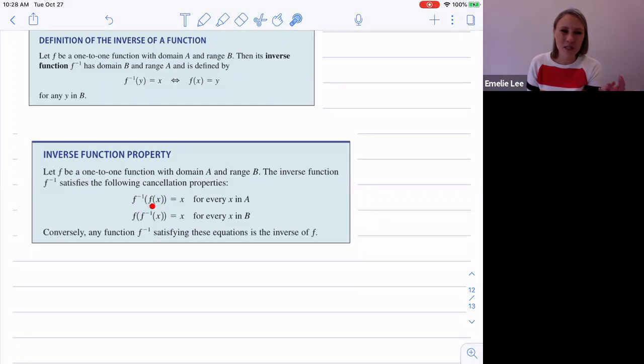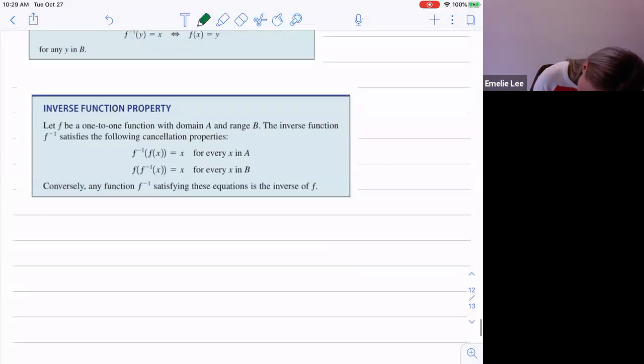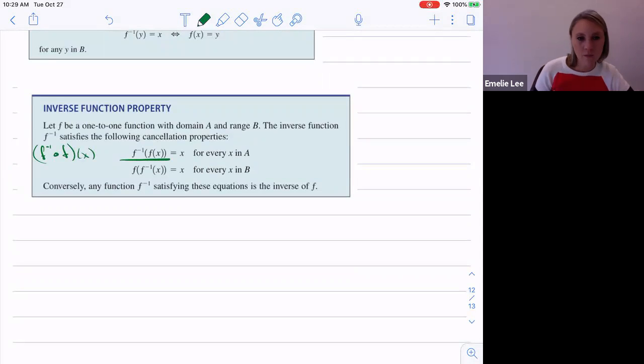Notice this is just the inverse composed with the original function. So here, this is just f inverse composed with f of x. And then this here is just f composed with f inverse of x.